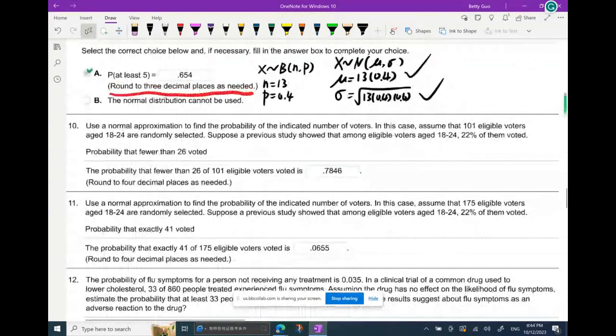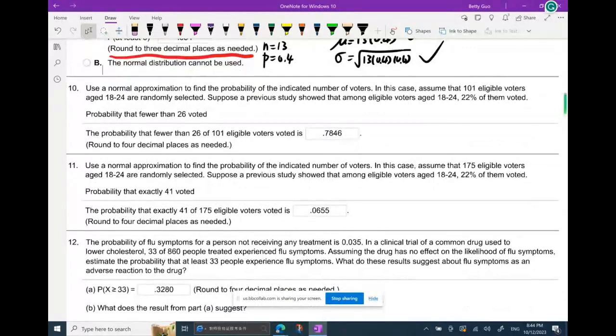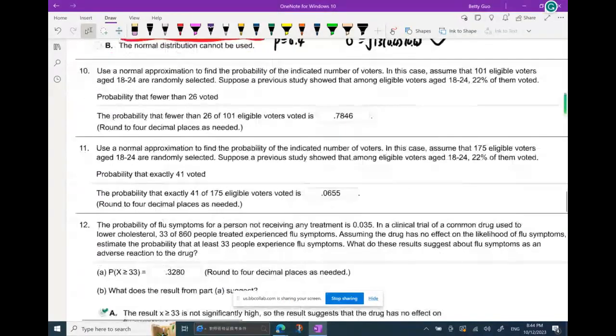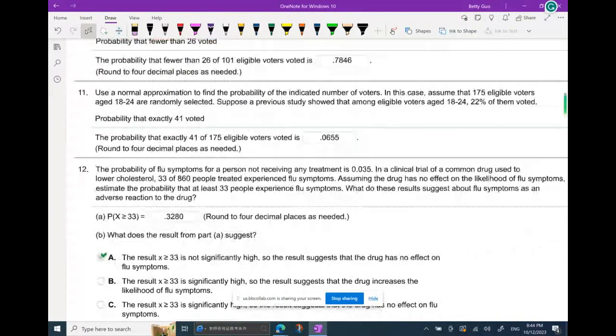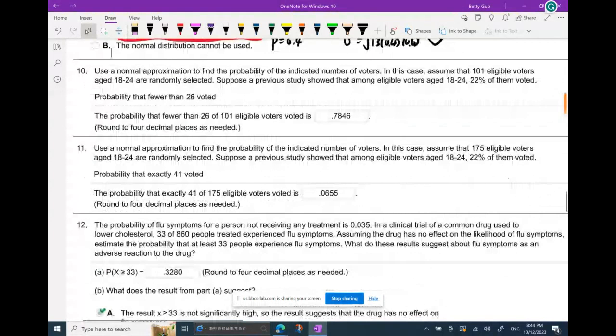Let's see. So what is supposed to previous reading? Exactly. Okay, let's do 11.